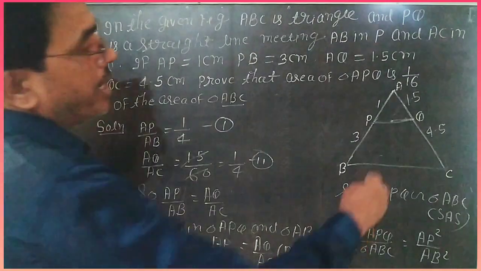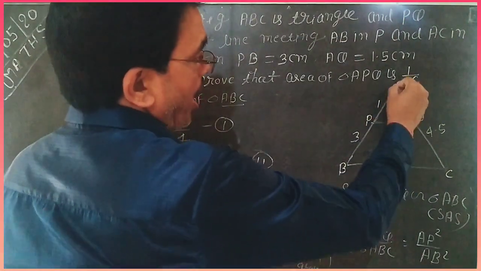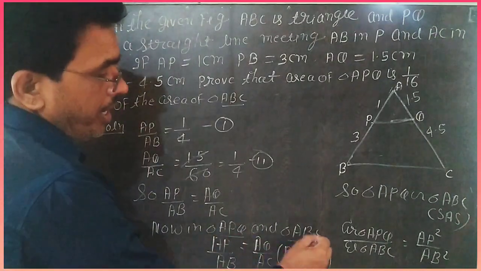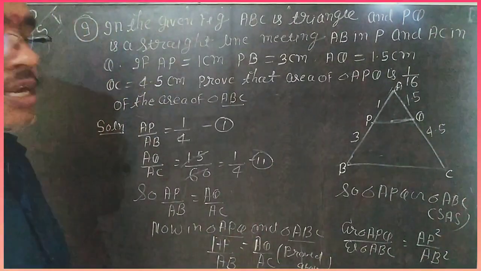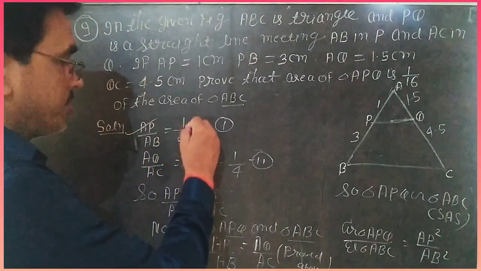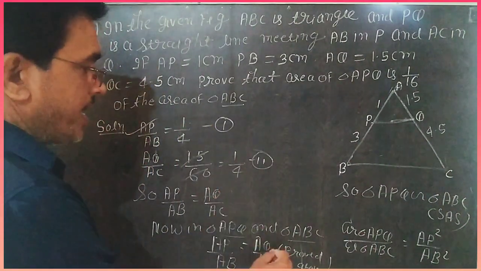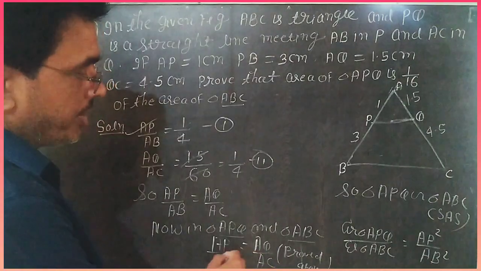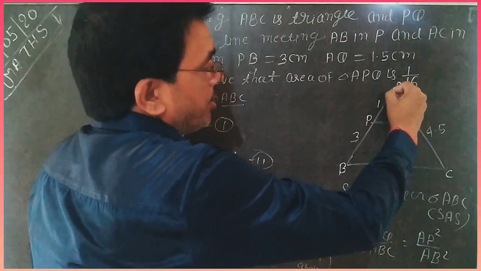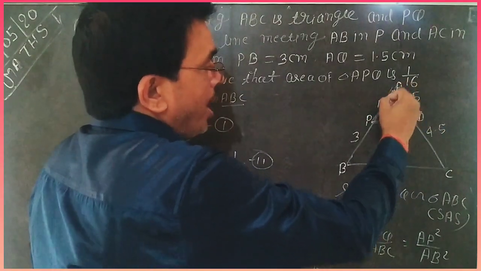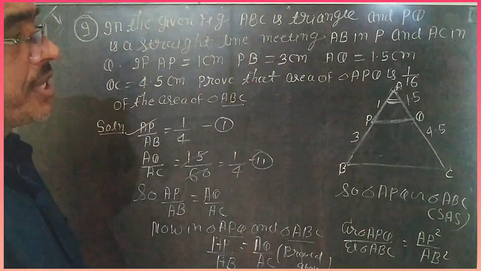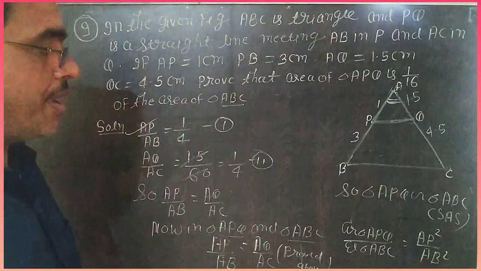Now we take the relation between APQ and ABC. In triangles APQ and ABC, AP by AB becomes 1 by 4 and AQ by AC is also 1 by 4. That means both are equal, and angle A is common to both triangles APQ and ABC.